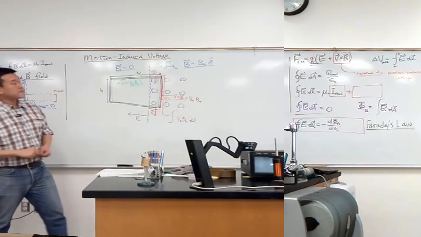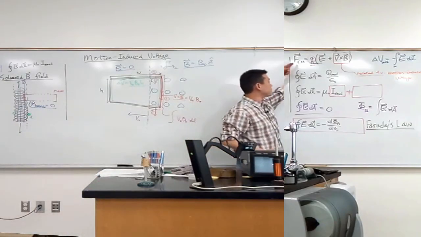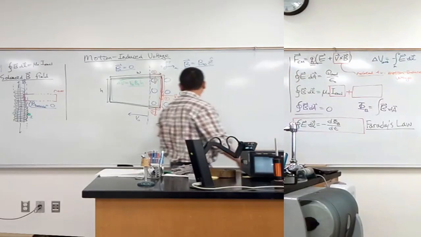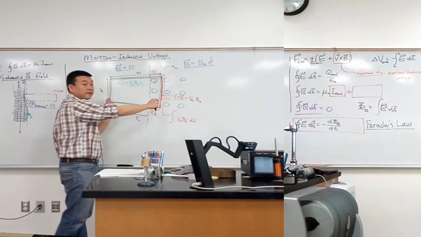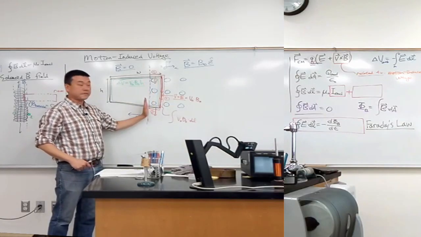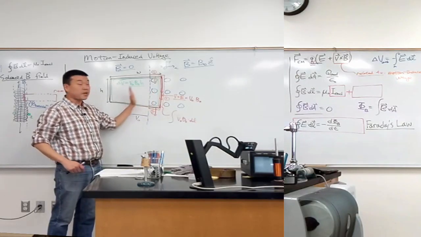Right? So if you are still sticking to the Lorentz force law, that doesn't give you anything because there's nothing in this loop that's moving. The amount of region of space that's filled with the magnetic field is changing.